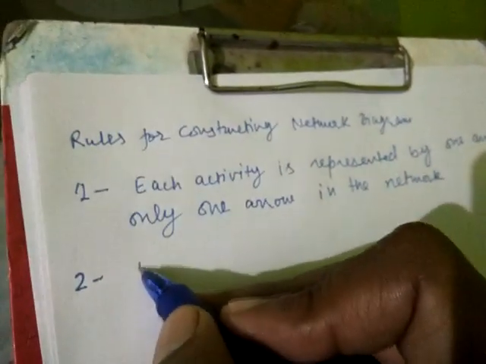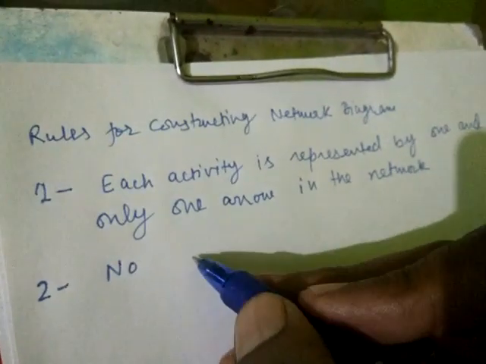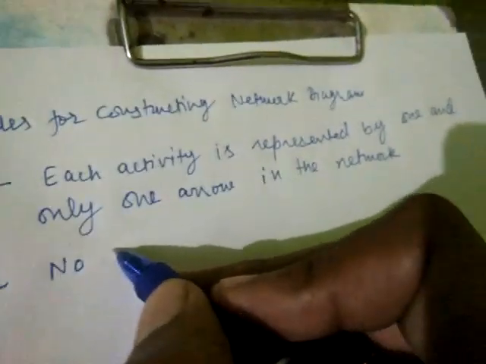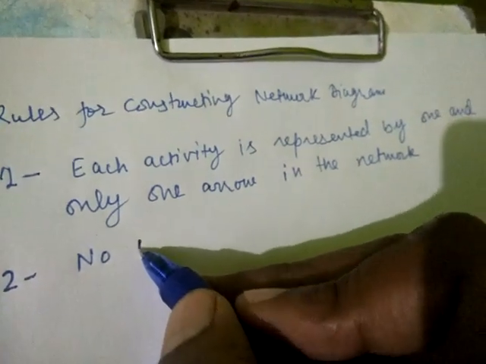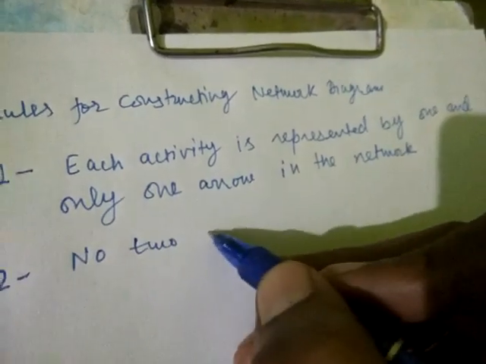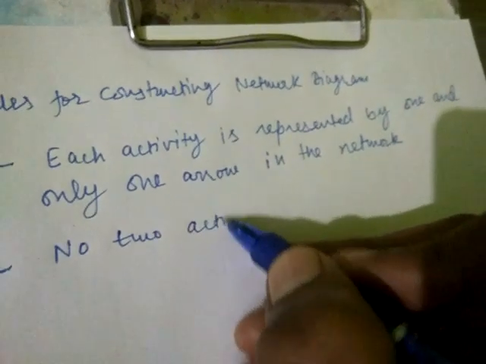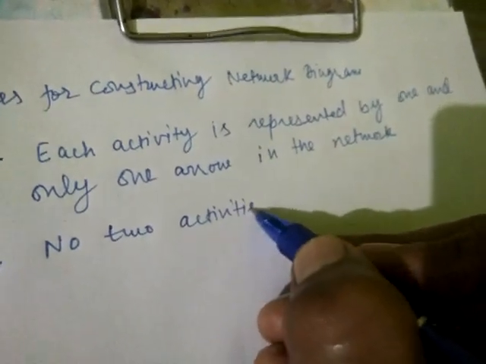Now second: no two activities. Read this carefully: no two or more activities; when it holds for two, the same applies for more than two.